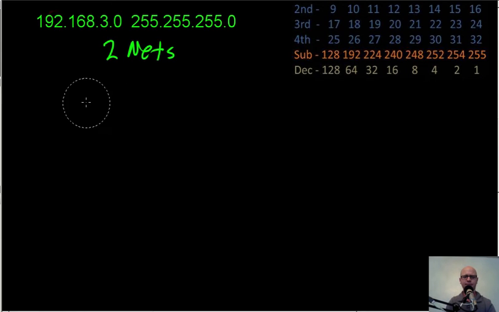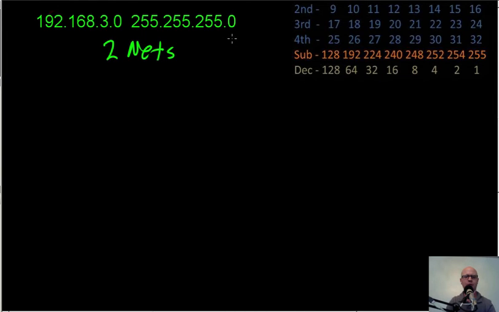But anyway, back to this. We have this address, and we want to split it into two, right? Now, the way you split it into two is you actually have to borrow bits from the host portion of the subnet mask.